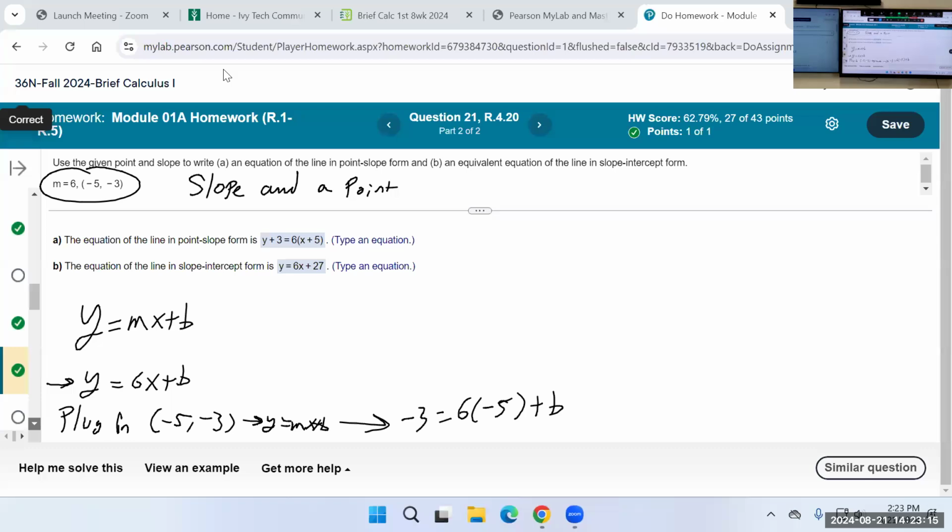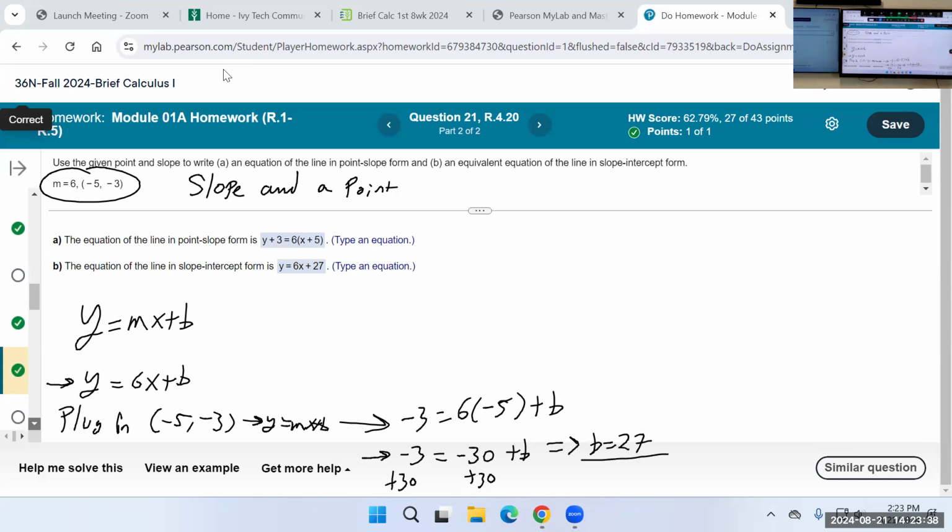So I have -3 equals -30 plus b. And if I add 30 to both sides, I would get 27. So b equals 27.